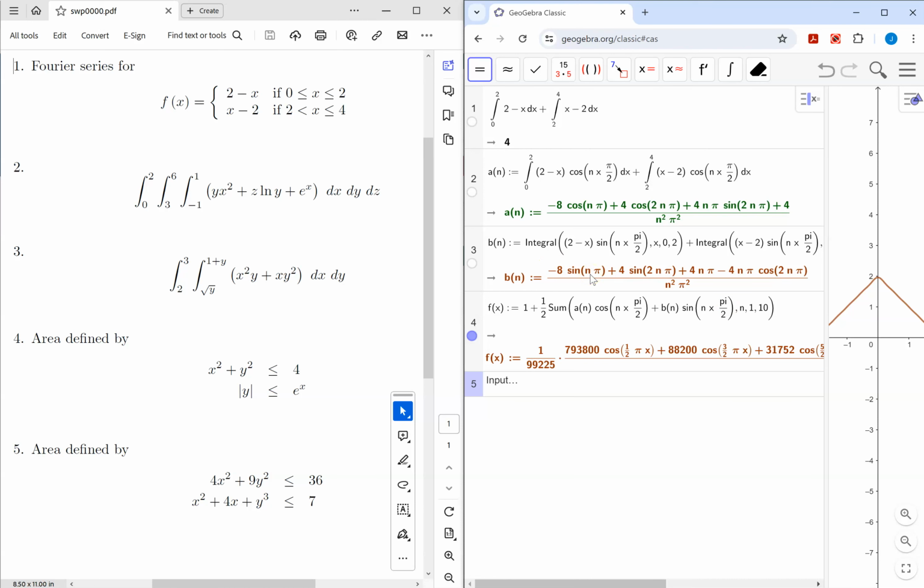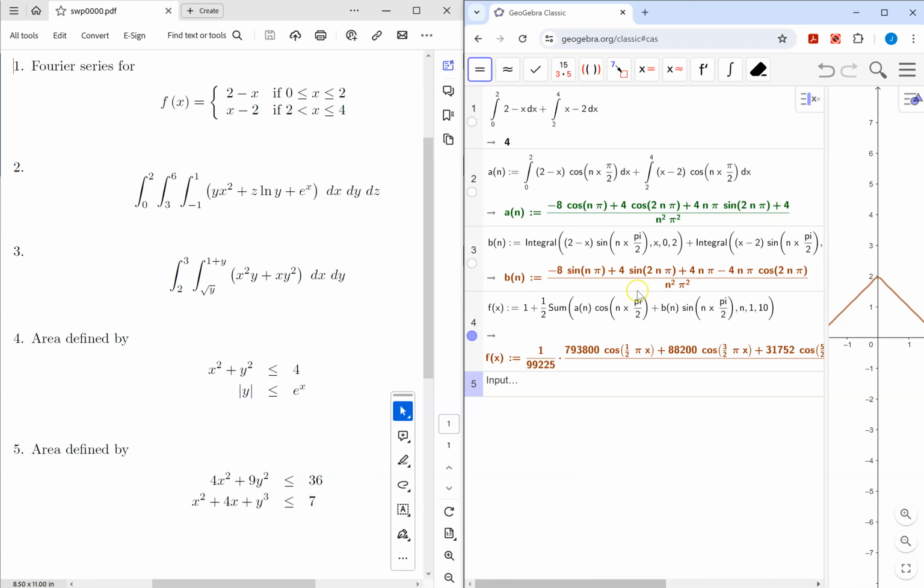Remember, the things that we're plugging in for n are integers here. Sine of n pi and sine of 2n pi will be 0 no matter what, so those would go away. Over here, cosine of 2n pi is always equal to 1, so that would be just a minus 4n pi here. I've got a plus 4n pi here, so those would go away.